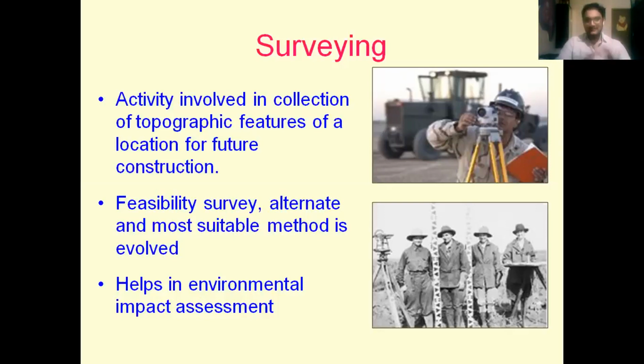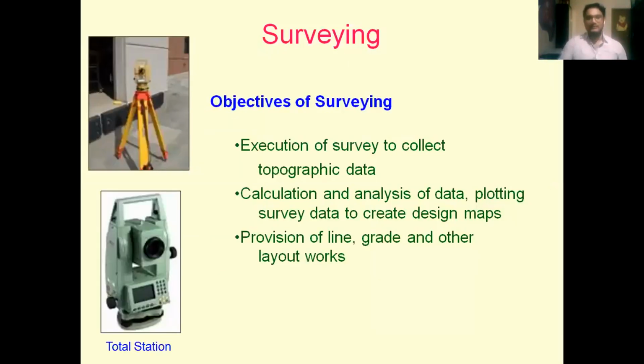So that is what the surveyors usually do, and they use different equipment for doing the surveying. You can measure the land area, you can measure the undulations of the ground, you can do the contouring, you can measure the heights, the distances, the area, and the volume. All this you can do with the help of surveying equipment.